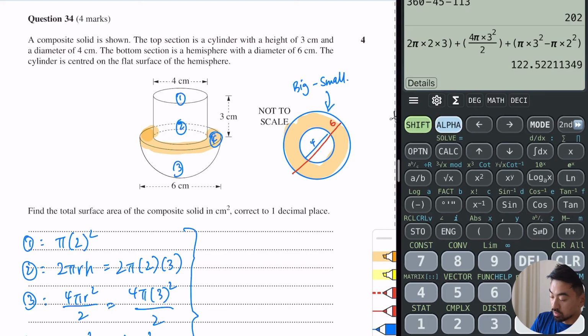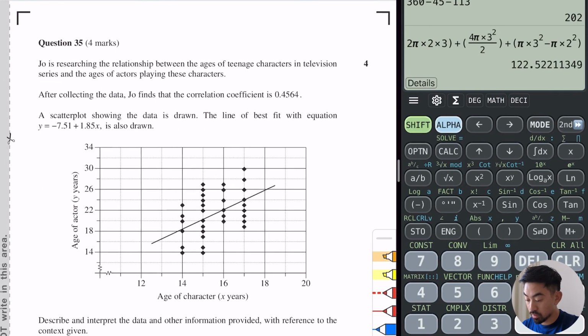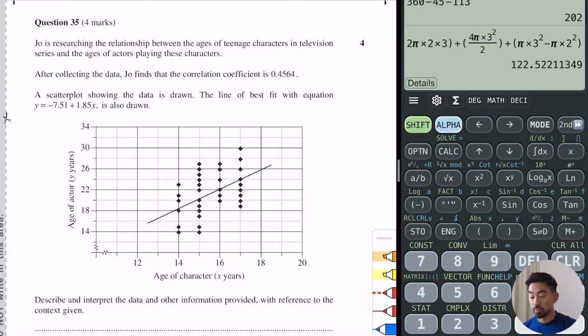Okay, I really hope this is our answer, but total area is 112.52 centimeters squared. Okay. Nice. All right, 35.